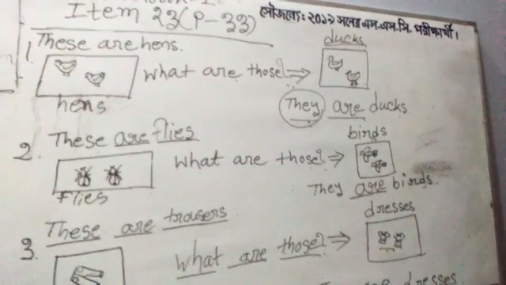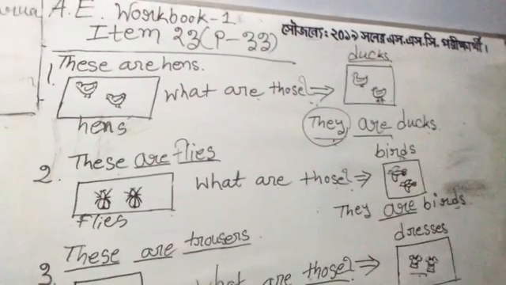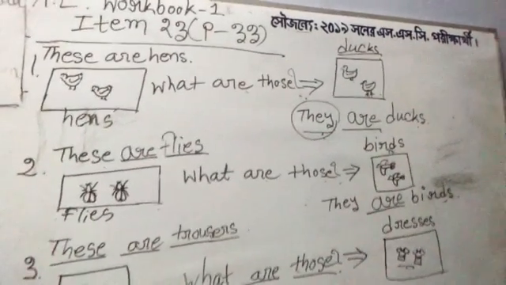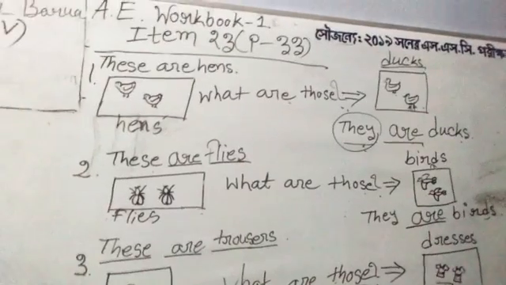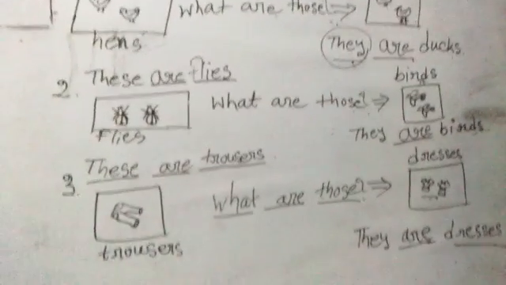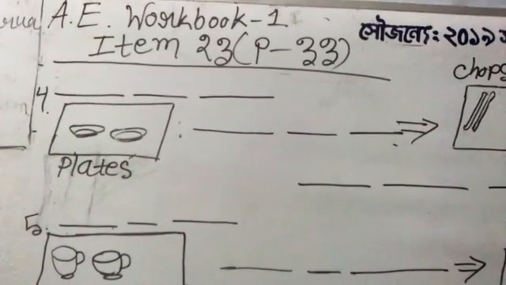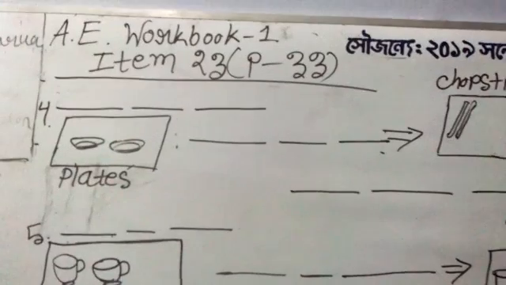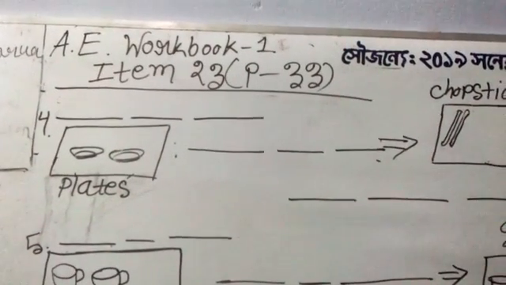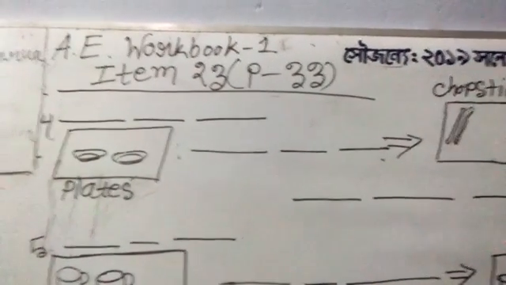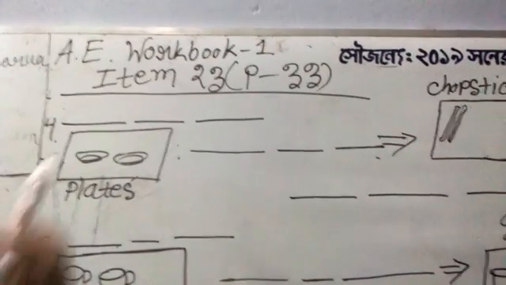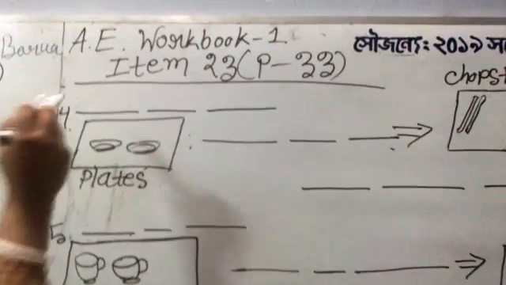So in this way we will solve the rest of the two. Number 4 and 5 will be the same. Okay, so let us do the 4 and 5. Number 4, we can see a picture, and it is the picture of plates. These are two plates. So we have to write what?